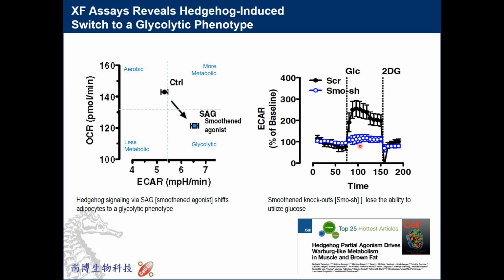So it seems whether we activate or inhibit the Hedgehog pathway will affect the cancer occurrence rate very seriously. And we injected 2DG to close the glycolysis pathway completely.